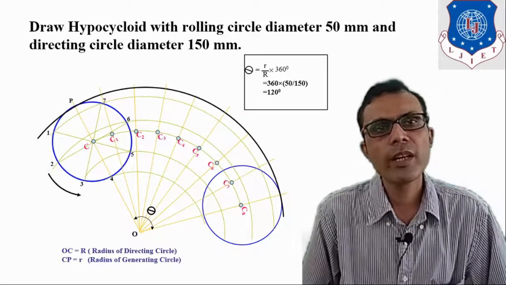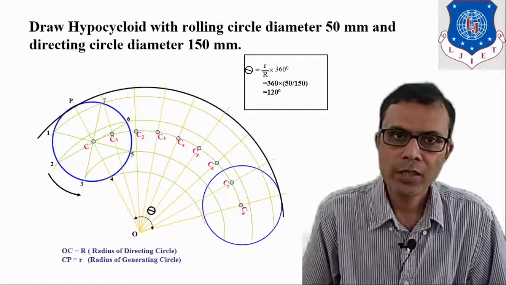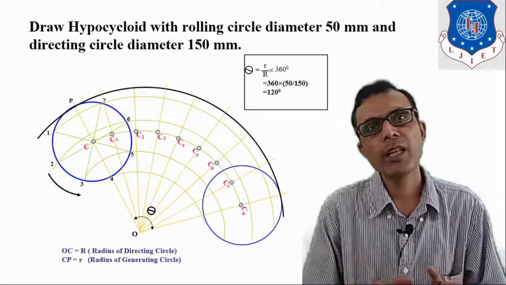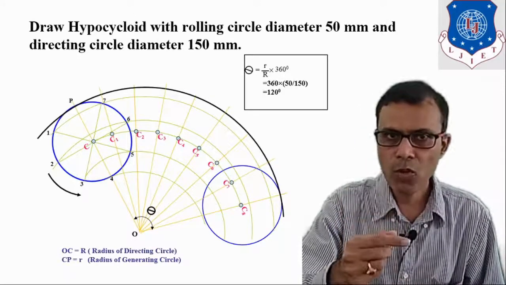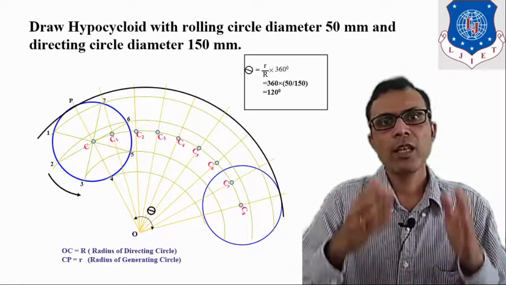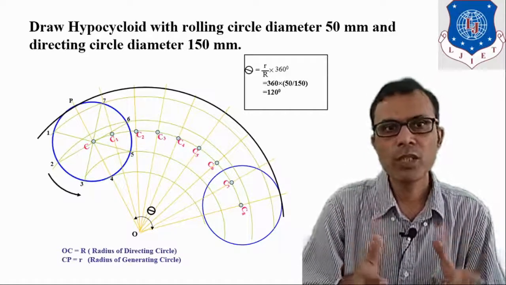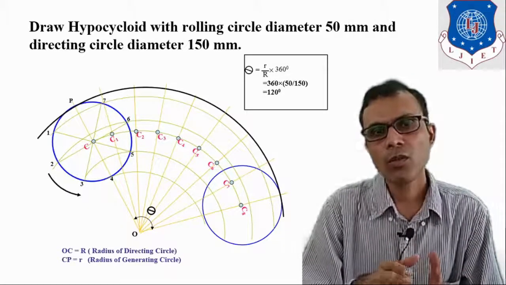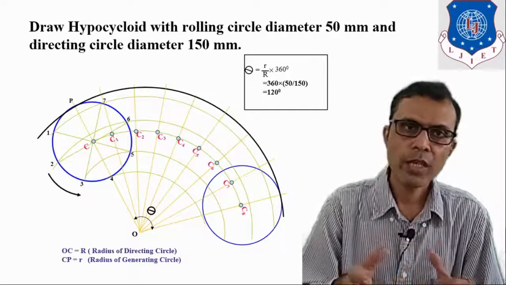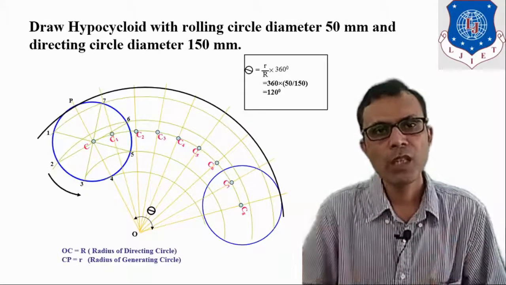Now we have to find out the different positions of the point. Initially, point P is at the contact point of the rolling circle and the directing circle. When the circle rolls, the position of the moving point also changes. So actually we are finding the different positions of the moving point.